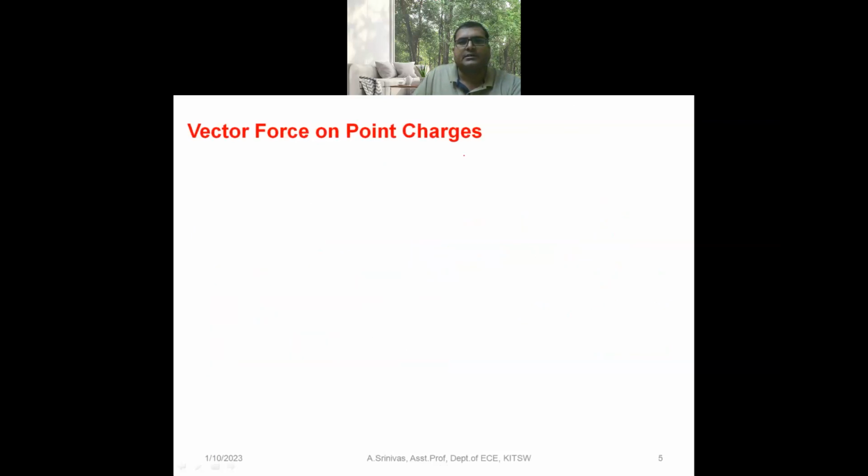Force on point charges. Let us assume some origin, charge Q1 with position vector R1, and charge Q2 with position vector R2. We are supposed to calculate the force on Q1 due to Q2.